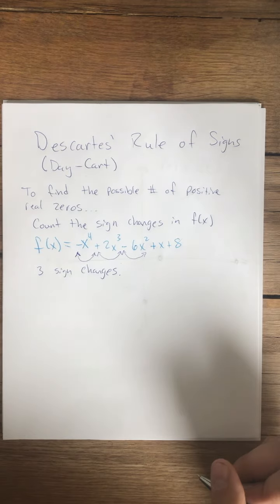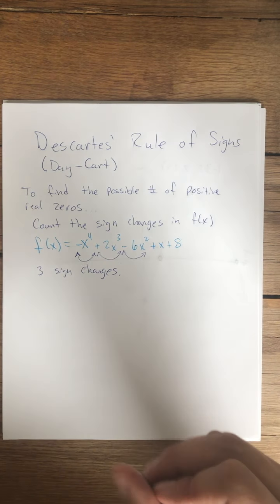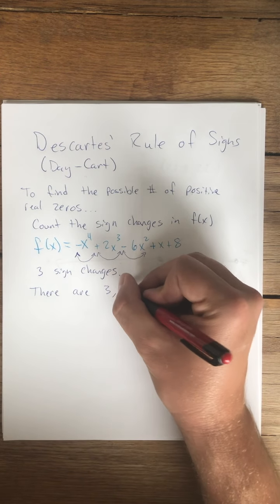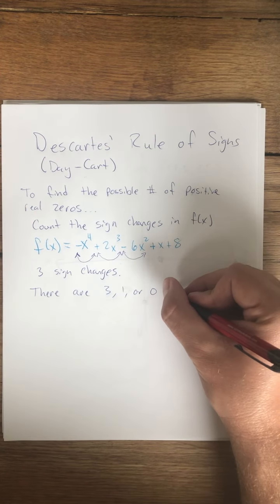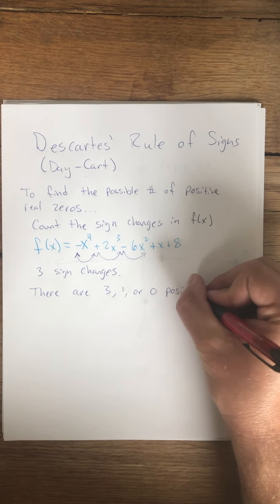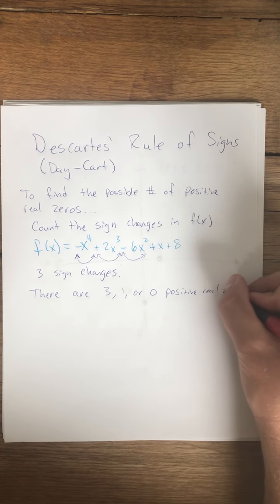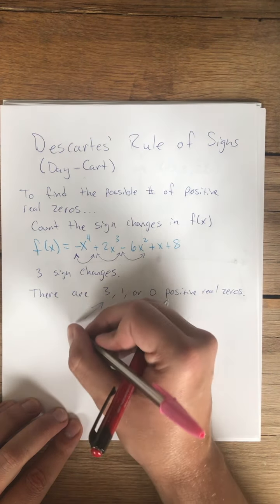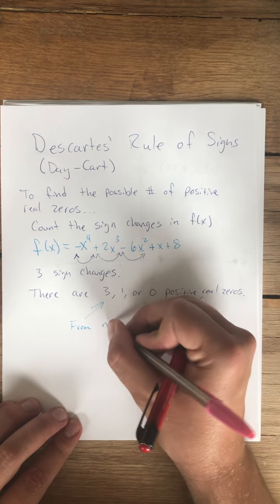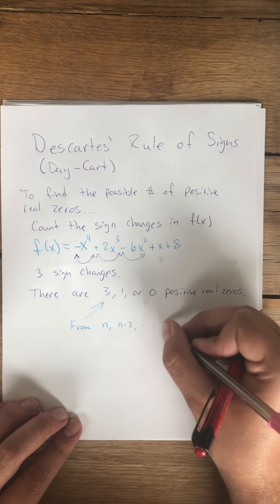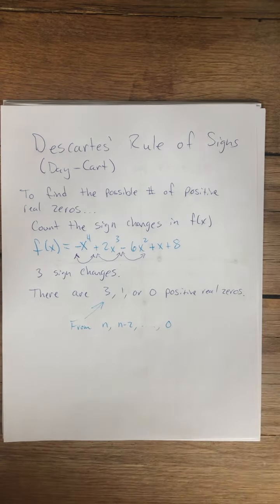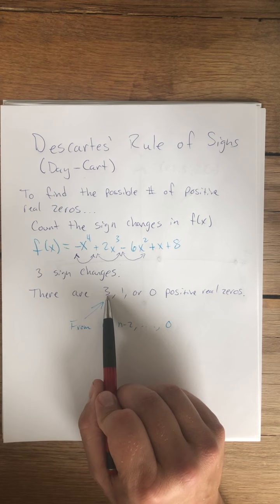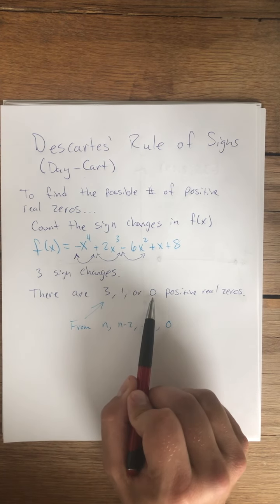What Descartes' rule of signs says for the positive real zeros, and this is for real number zeros, is that we take the number of sign changes, and then it's either that number or 2 less than that all the way to 0.